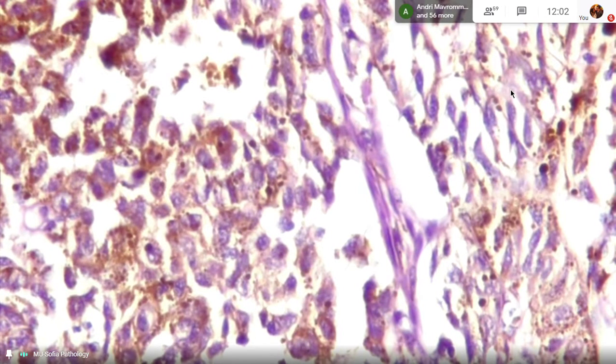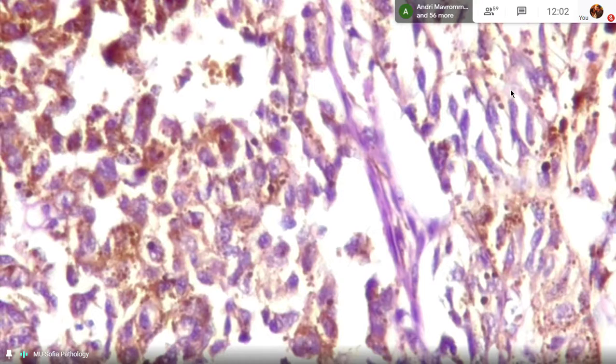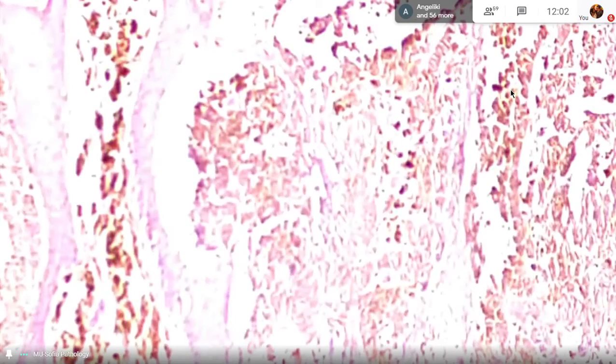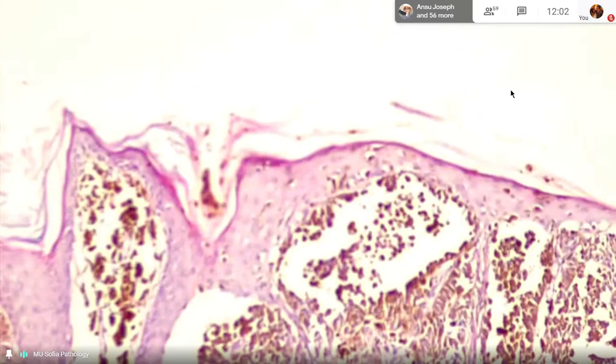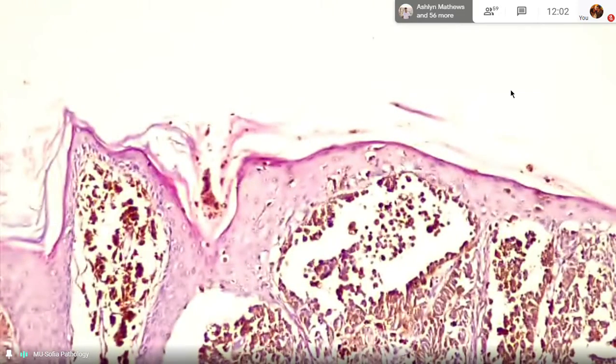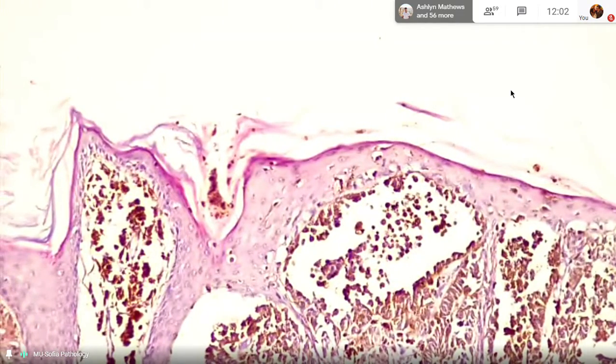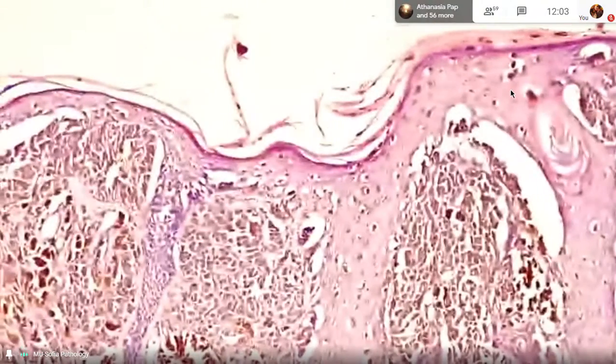It's easy now because we have the melanin production. But if there was no melanin, what type of staining would you recommend to prove that these are melanocytes from immunohistochemistry? S100, the tumor cells are positive. HMB45, Melan A, SOX10.